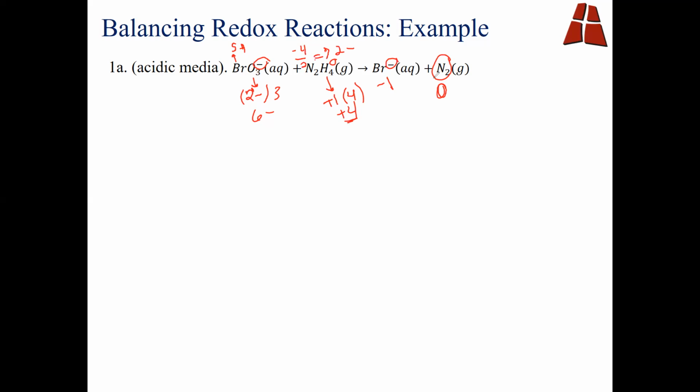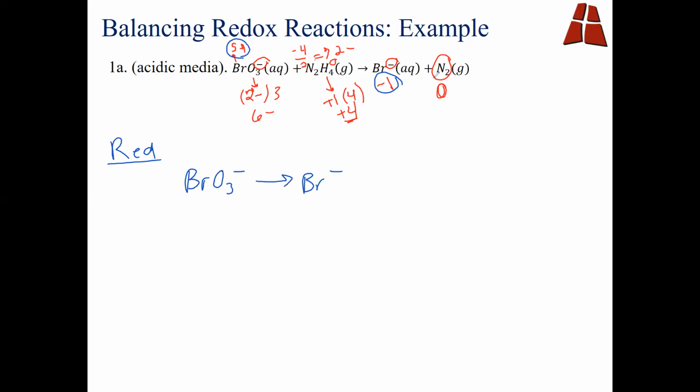Looking at what is oxidized and what is reduced, bromine is going to go from +5 to -1, and if it becomes more negative, we know it's reduced. So I'm going to rewrite our reduction half reaction here: BrO3- turns into Br-.